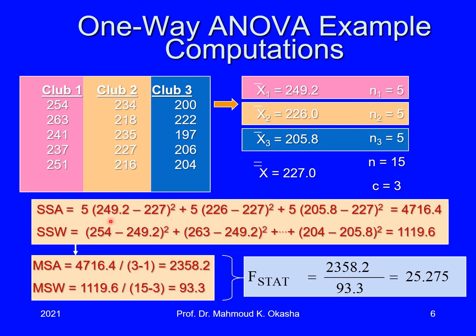So the first one is like that. We have the overall mean, which is 227. We subtract it from each observation and square this difference and multiply each difference squared by the number of observations in its group. In this case the number of observations in each group is the same, but not always.